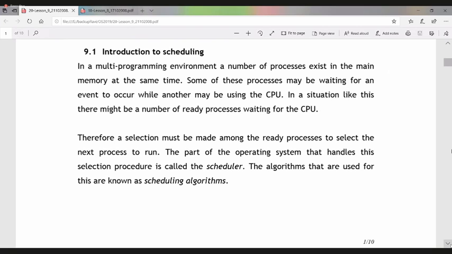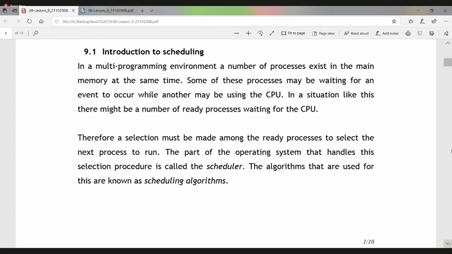You can remember the blocked situation, waiting for an event to occur, while another may be using the CPU. One is executing on the CPU, another may be waiting for another event. In a situation like this, there might be a number of ready processes waiting for the CPU, waiting to get access to the CPU.